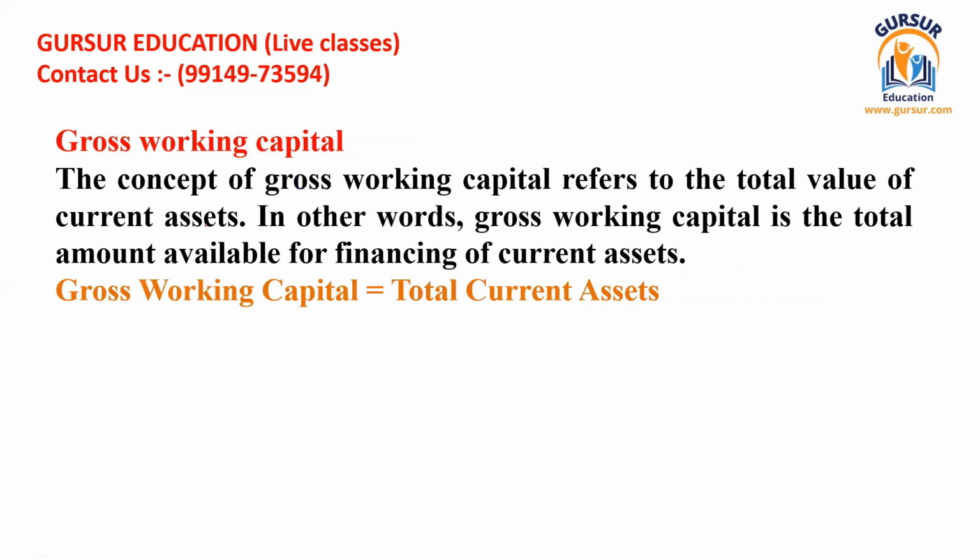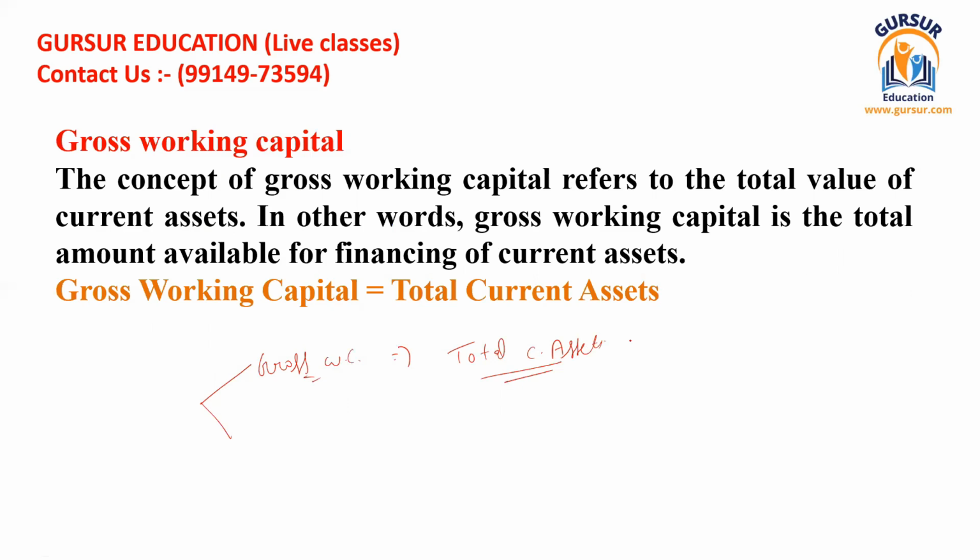So what do we mean by working capital? The concept of working capital can be divided into two parts. The first can be considered to be the gross working capital. Gross working capital is always your total of current assets.